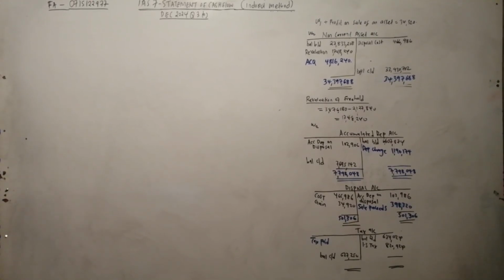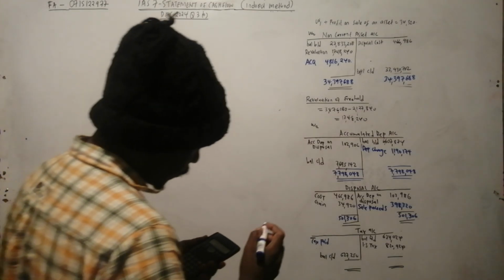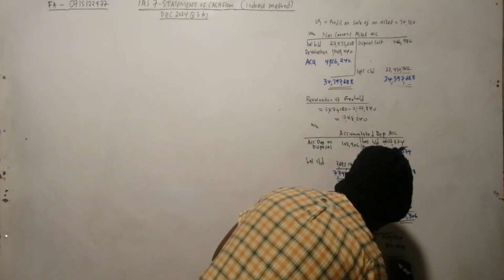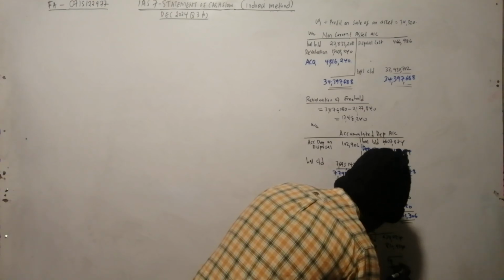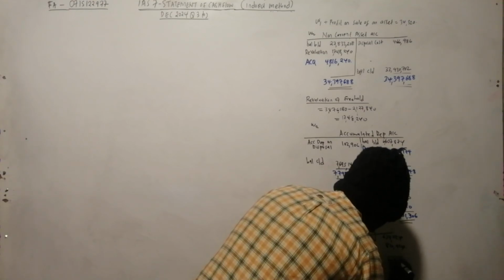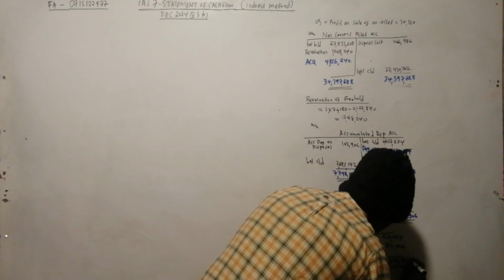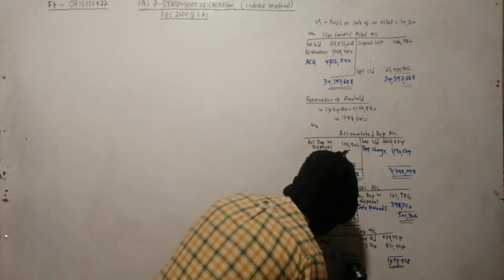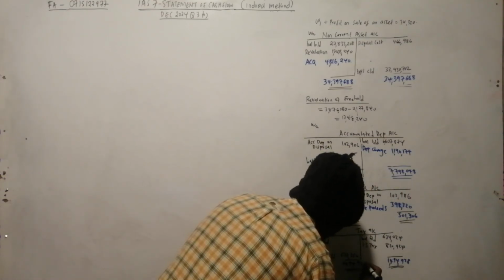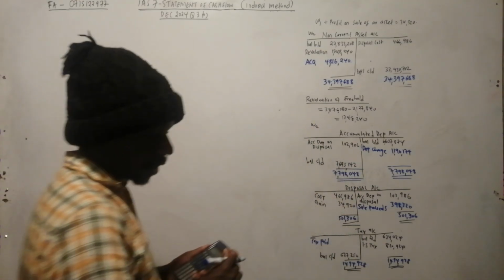So we say 674,024 plus 820,924. We get 1,494,948. Then we get the balancing figure.